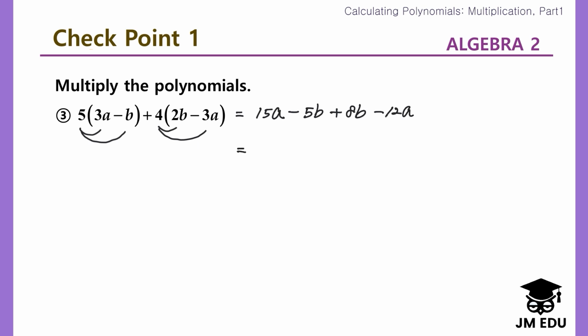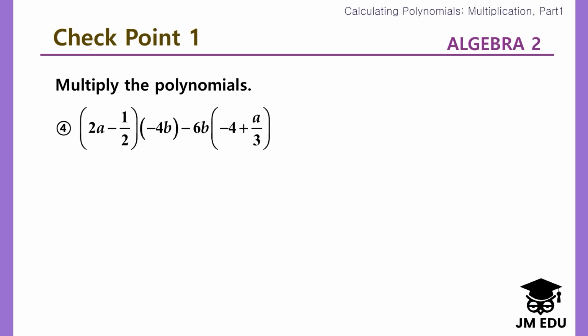So we have like terms. A term right here, a term right here. 15a minus 12a. 15 minus 12 is 3, right? So we have 3a. And we have b terms. Minus 5b plus 8b. Minus 5 plus 8, that's plus 3. So plus 3b.